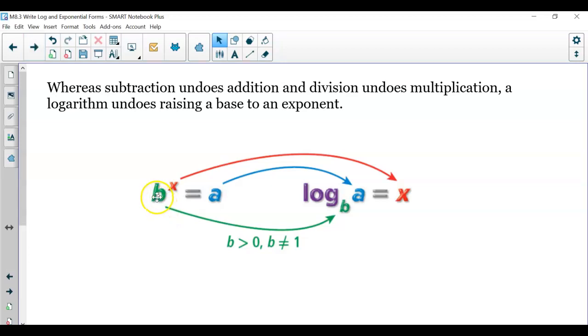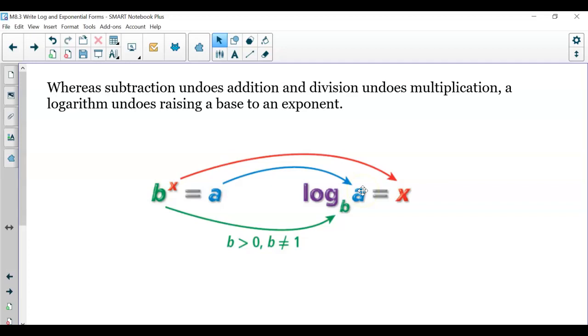So notice how the base of the exponent of the exponential function will be the base of the log. Then here the exponent will always be what the log will be equal to. So then here, what the exponential is equal to is part of that log.